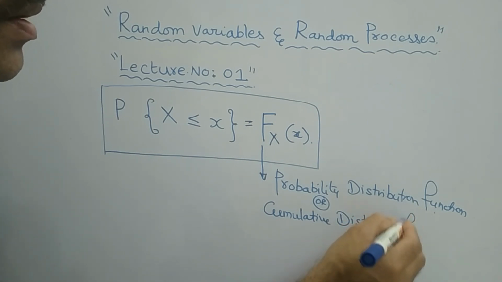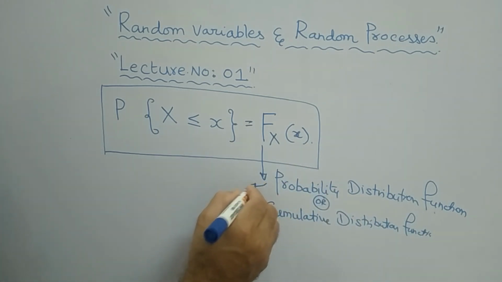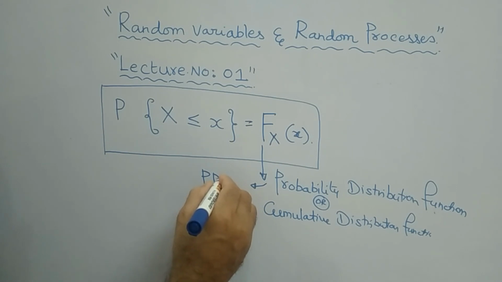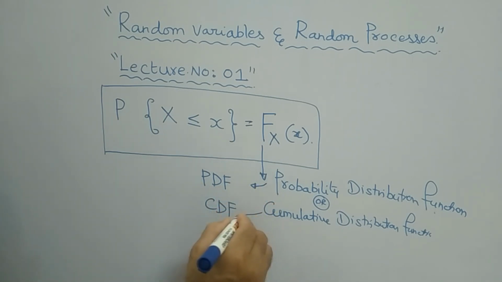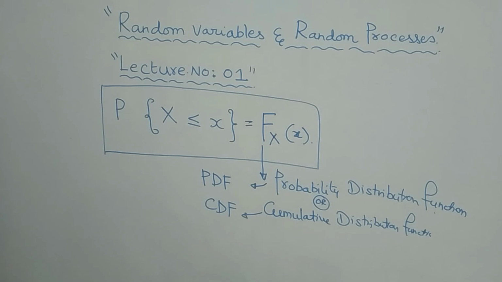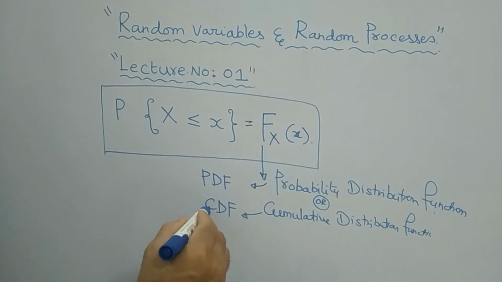You can simply write it as capital PDF, or otherwise capital CDF: probability distribution function, which can also be called cumulative distribution function, right?